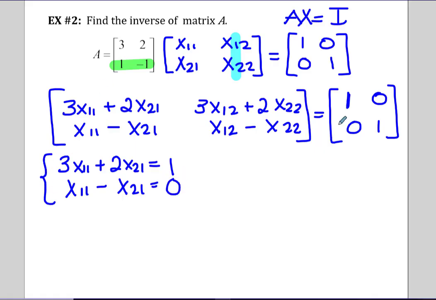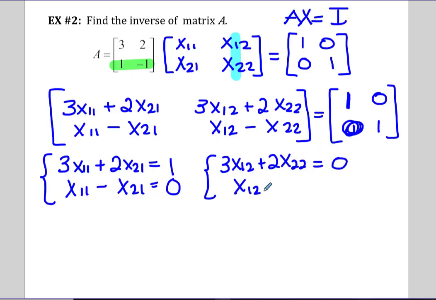So in that first column, we have them equal to this column. And likewise in the second column, we need 3x sub 12 and 2x sub 22 to equal 0, while x sub 12 minus x sub 22 must be equal to 1. So we have two systems.